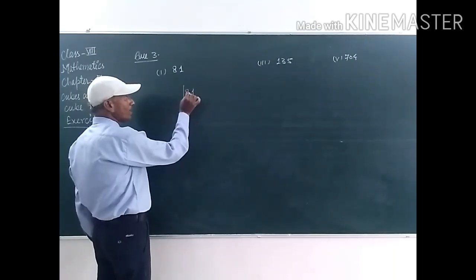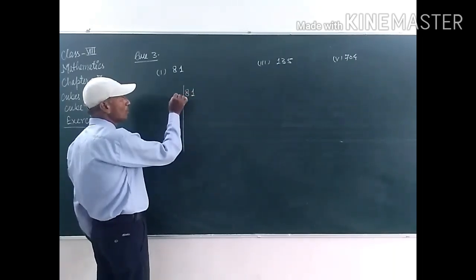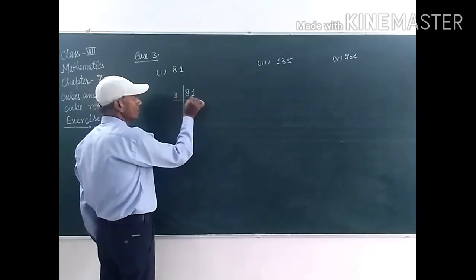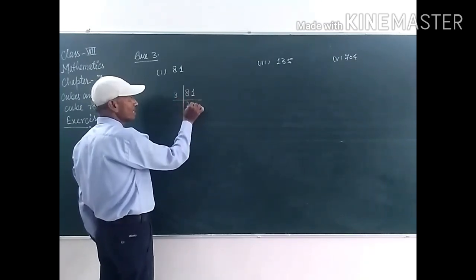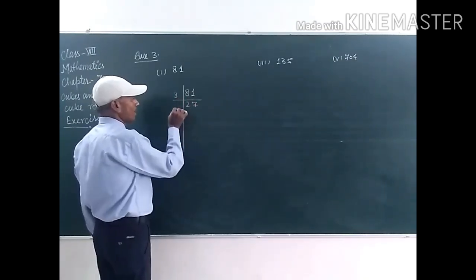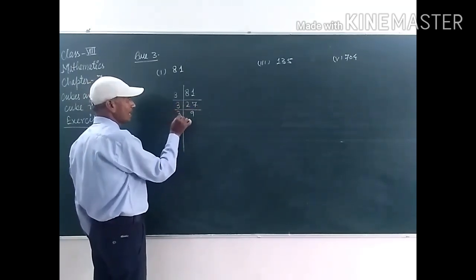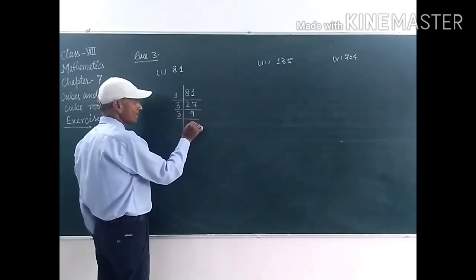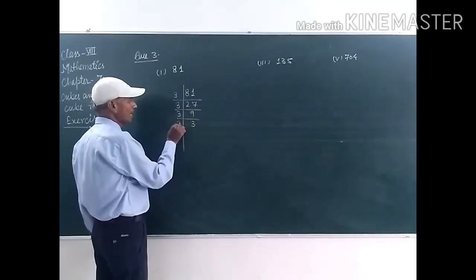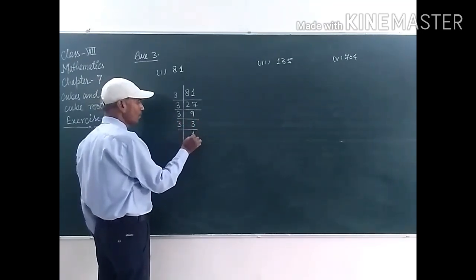It is not divisible by 2. Take 3 here: 3 twos are 6, 3 sevens are 21, again by 3, 3 nines are 27, again by 3, 3 threes are 9, again by 3, this one is 1.